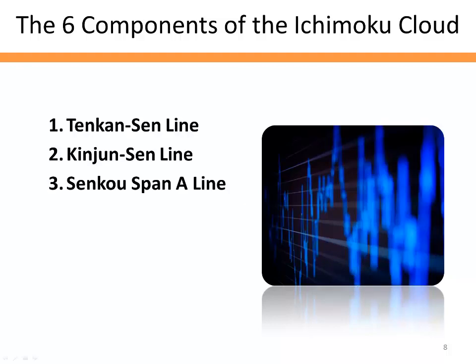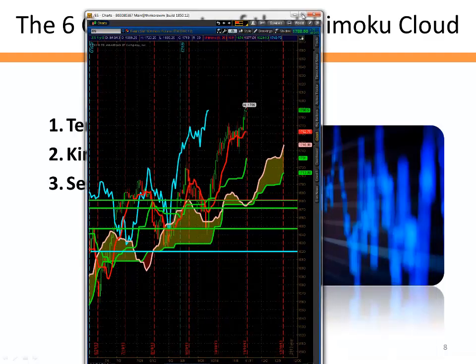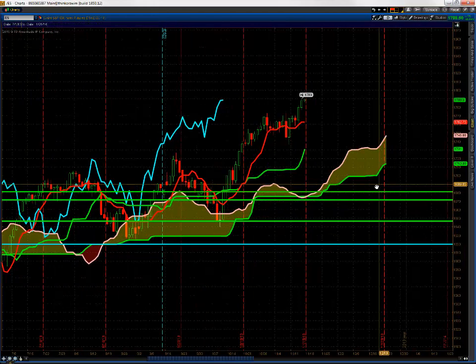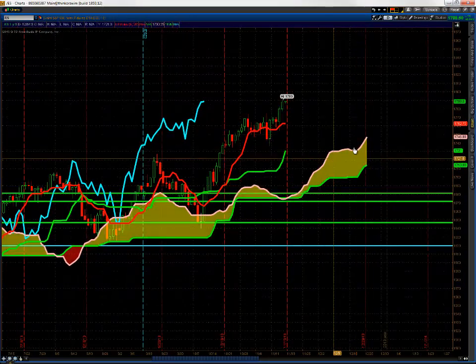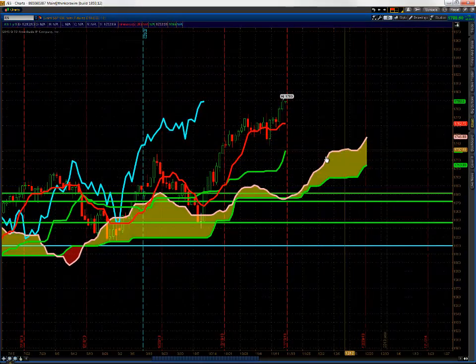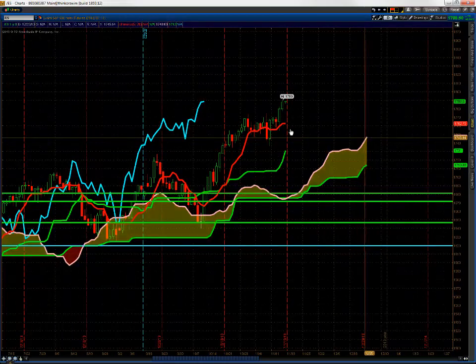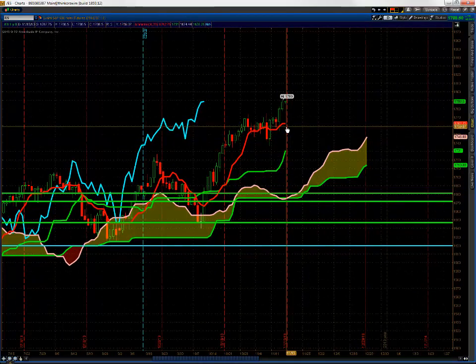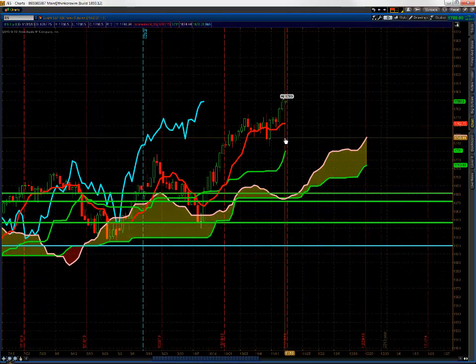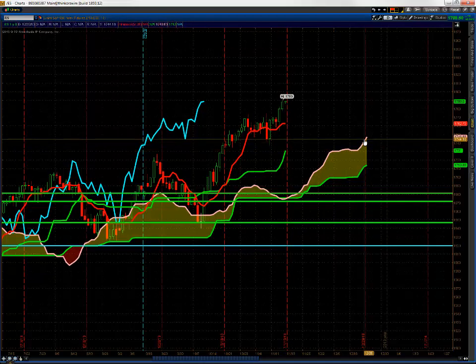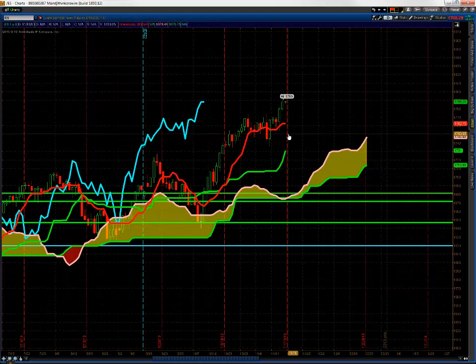Senkou Span A, okay? When we go back here, the cloud is comprised of 2 components, okay? This pink line here is the 9 and the 26 divided by 2 plotted in the future, okay? And if this is a lot of information for you, you don't have to think of it as that hard.